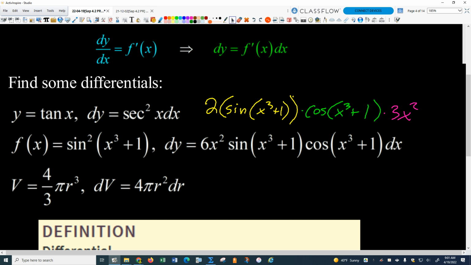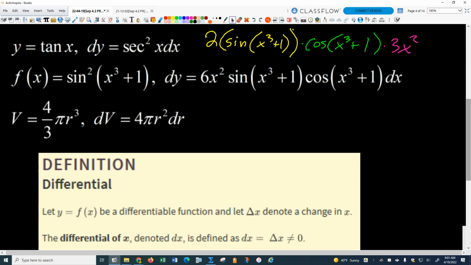What about something like this? What if it looks a little different? I've got a volume function, volume of a sphere. V equals 4/3 pi r cubed. If I want to calculate what dV is, well, what's the input variable? This is really V of what variable? Volume as a function of what? Radius, right? Everybody agree? I'm inputting r's and I'm outputting V's in this case.